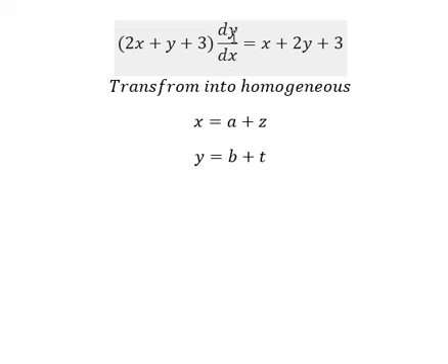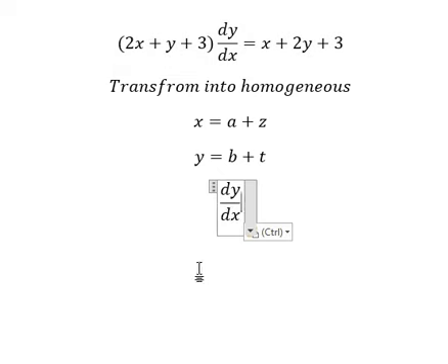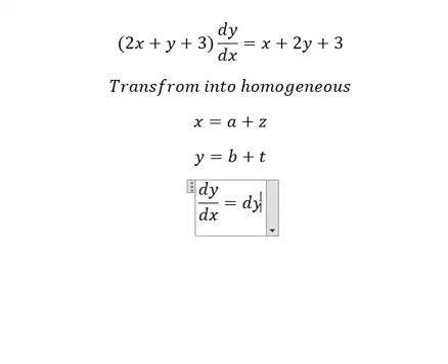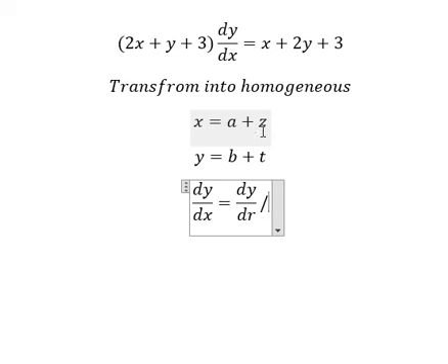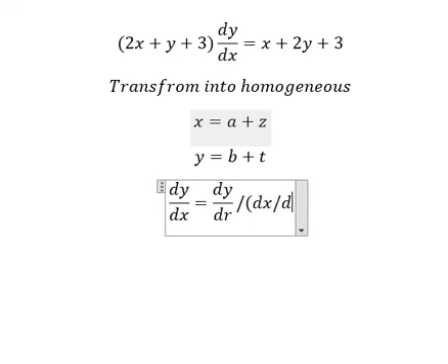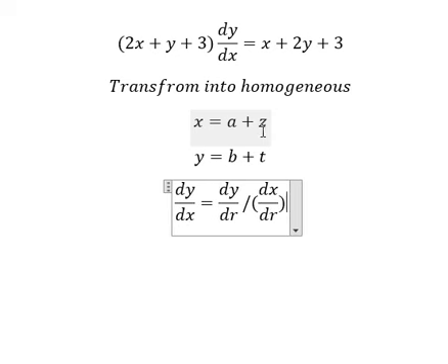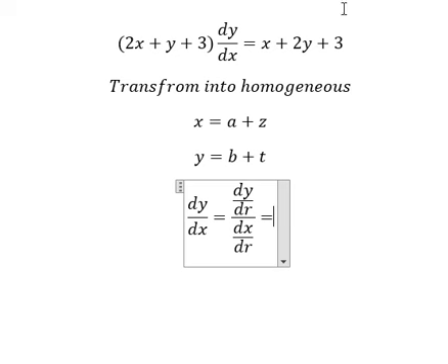The next one is dy over dx. In this one I will put dy over dr divided by dx over dr. So we need to do first the derivative of y in terms of r in here.